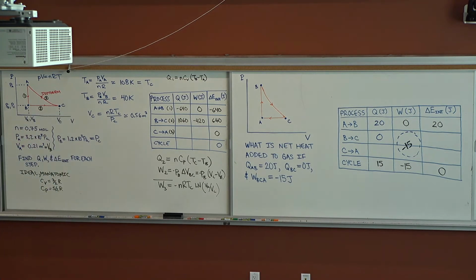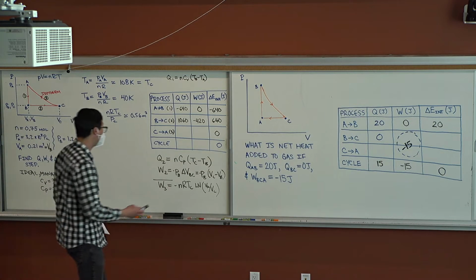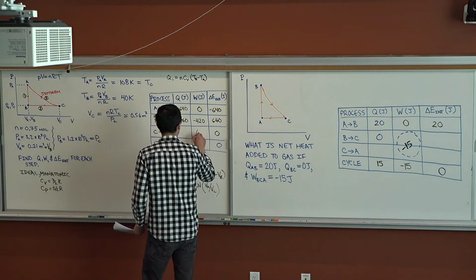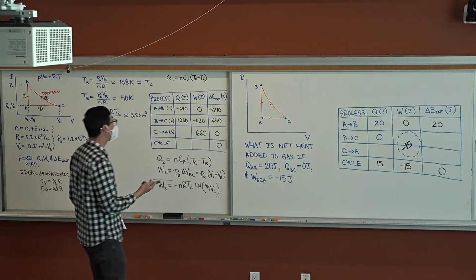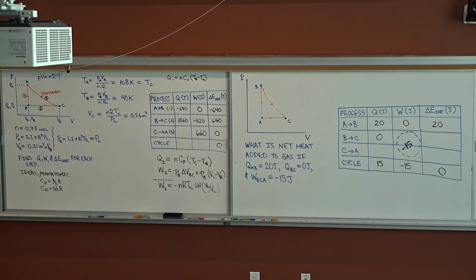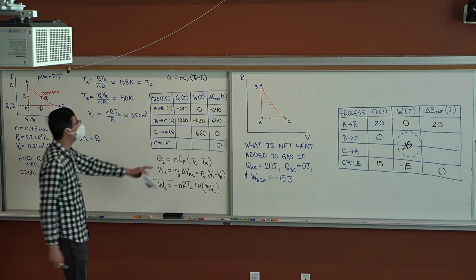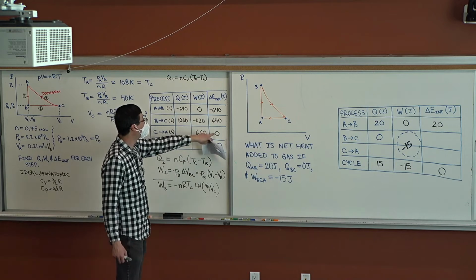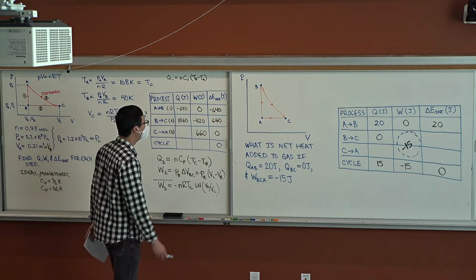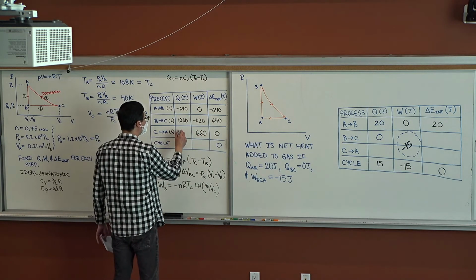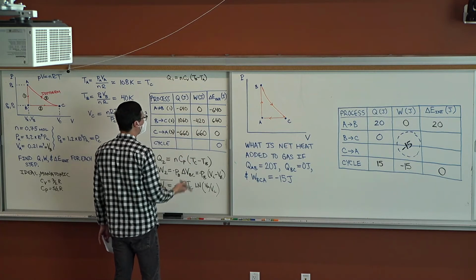I'm getting 660 joules. We also know that if that's the work and the change in internal energy is 0, then this has to be minus 660.